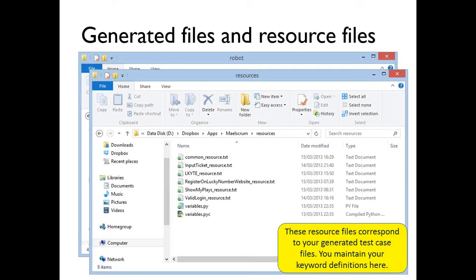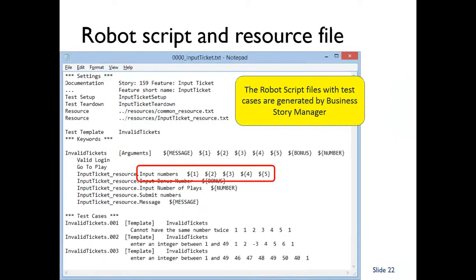So we provide definitions at 3 levels: at a test case level, at an application level, and then an environment level. If you recall that schematic of the way that we work with frameworks, these are the 3 levels of resource files that define the keywords.